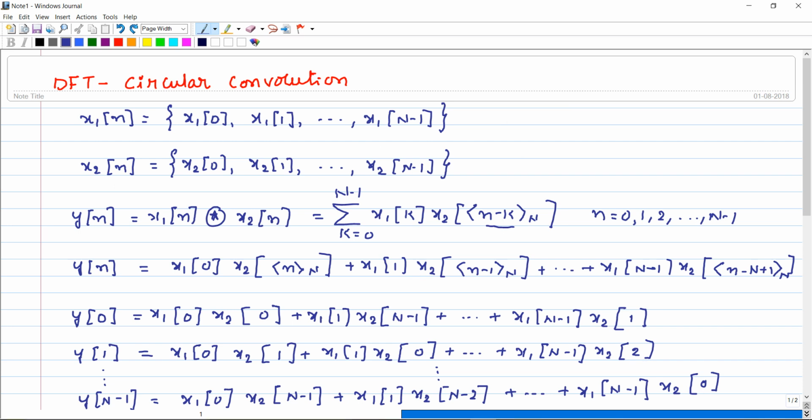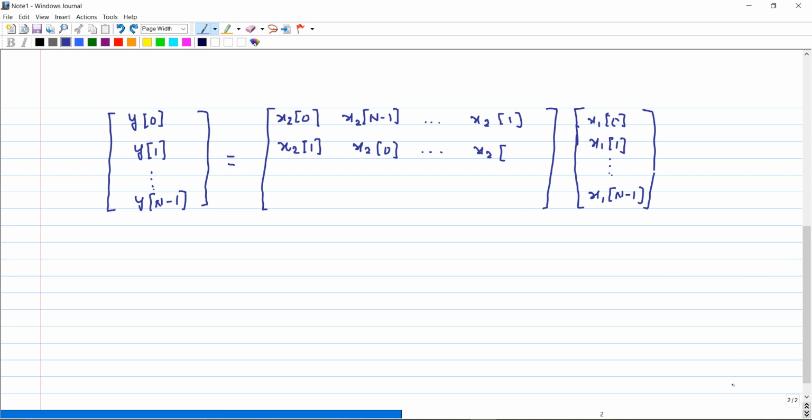Okay, yes, you'll get x2 of 2, and this continues, and last term would be x2 of n minus 1, and here you will get x2 of n minus 2, and so on. So the last term here would be x2 of 0. So the whole circular convolution operation we can write in a nice matrix form given in this fashion.